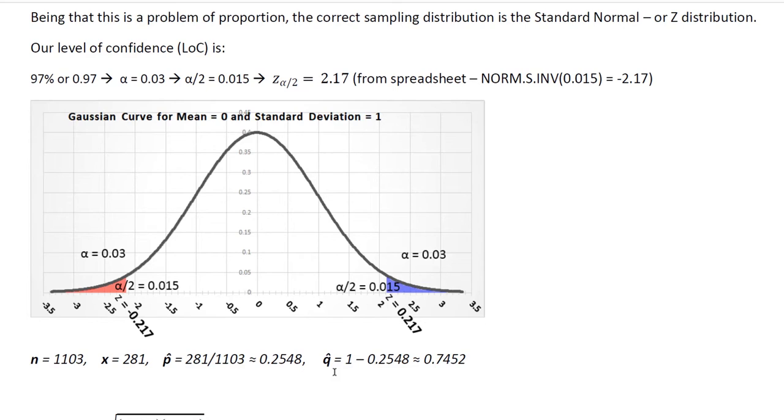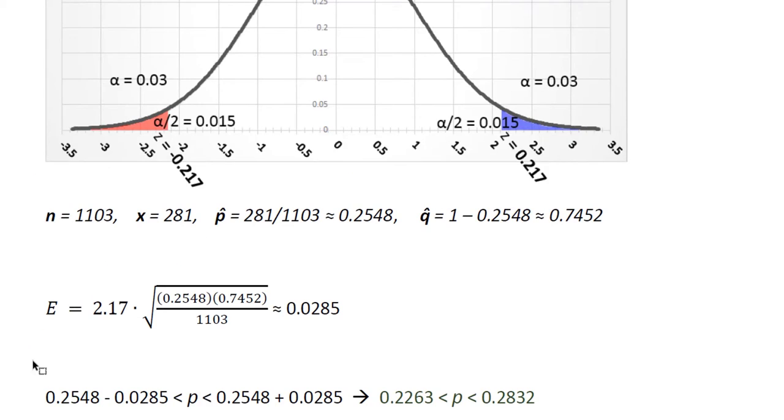Q is always 1 minus p, so q hat is 1 minus p hat, and that's approximately equal to 0.7452.